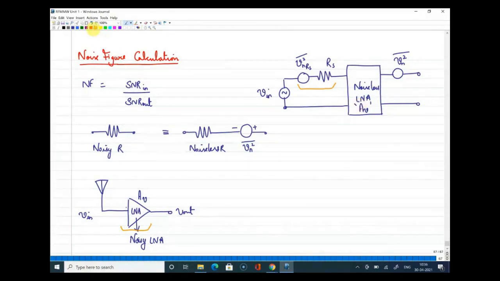if I look into this noiseless LNA from this side, you will definitely have an input impedance, and I'm marking that input impedance as Zin. What the impedance should be and how it should be matched, we will deal with separately in unit 3. As of now, I'm just marking it as an input impedance. Now, there is an antenna resistance on this side and the input impedance of the LNA on this side. So whatever signal comes on the input side, will that signal undergo some attenuation?